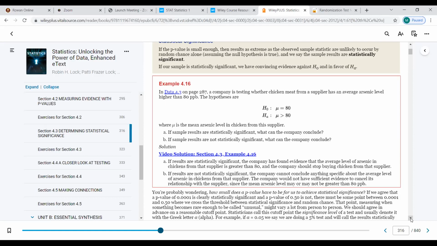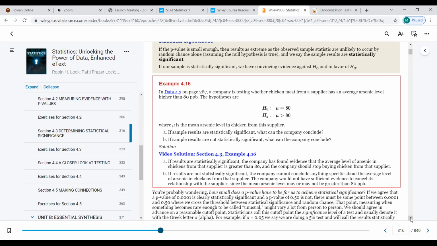In other words, is it so much greater than 80 that we would think that 80 is not the mean for the population of chickens for that supplier, and it's actually greater than that. So we want to test for that.